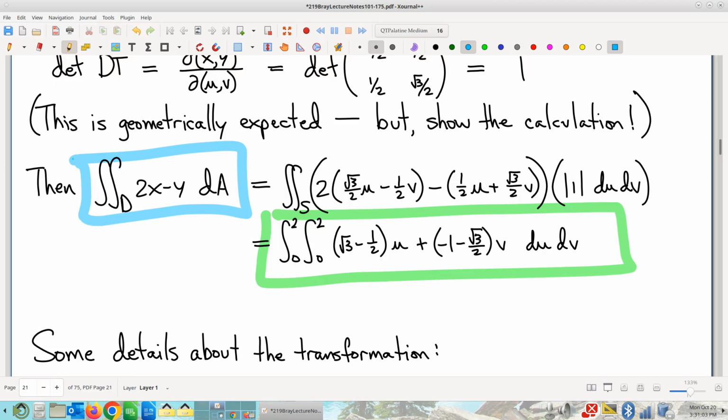The actual integration, finding antiderivatives here, is pretty straightforward. The advantage of the green one, though, is we have totally awesome bounds. That's a single iterated integral. And remember, if we did it with the blue integral, we would have terrible bounds. We would have 3 separate iterated integrals, non-constant bounds, and it'd just be much harder, much more work. Everybody with me?